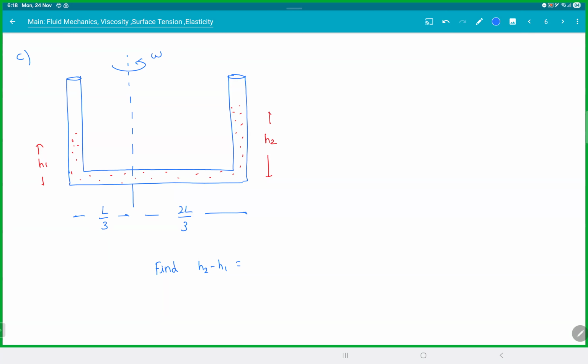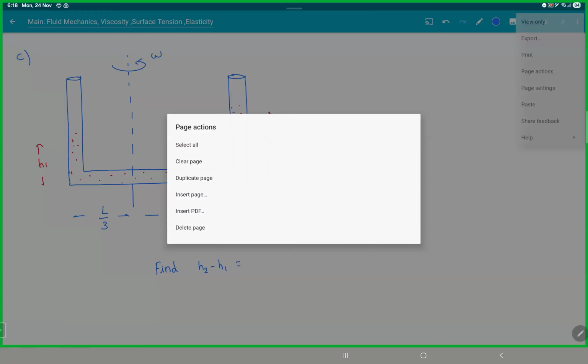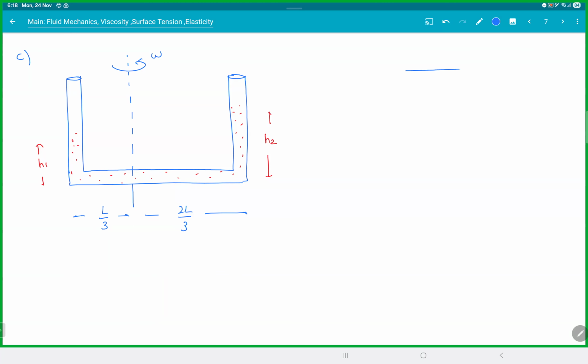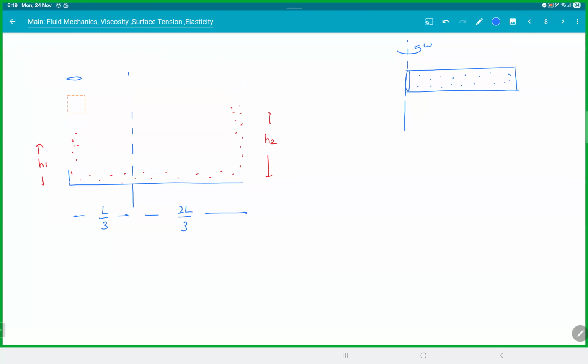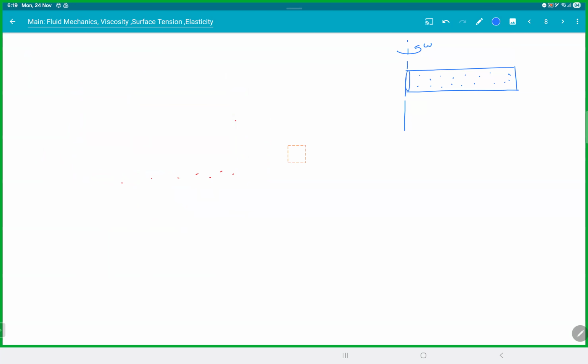First of all, you should know the formula when you're rotating. That formula itself will be a question. What was the formula there? We have a cylinder here rotating with omega. Just to give you an idea, there are actually a few models like this rotating thing.